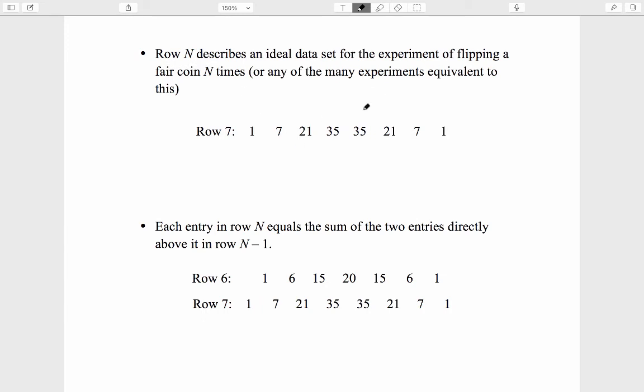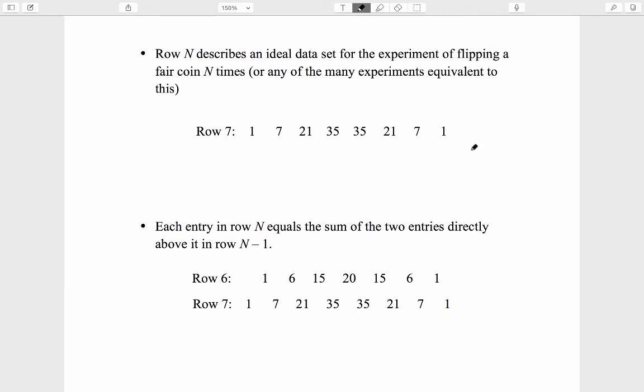Now here is a fantastic tie-in between Pascal's triangle and one of our favorite ideas from the course, that of an ideal data set. If you think about the experiment of flipping a fair coin n times, however many n is, and you think about what an ideal data set looks like, and you organize the outcomes in the ideal data set by type as we've been doing, then lo and behold, row 7 is actually describing an ideal data set.